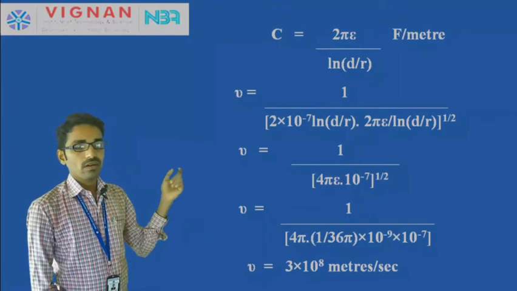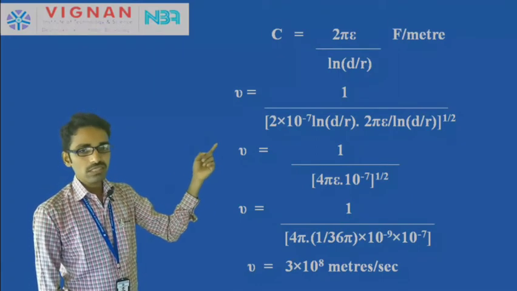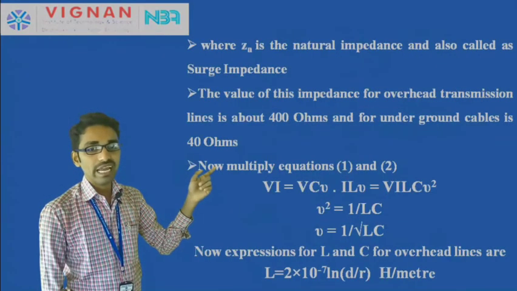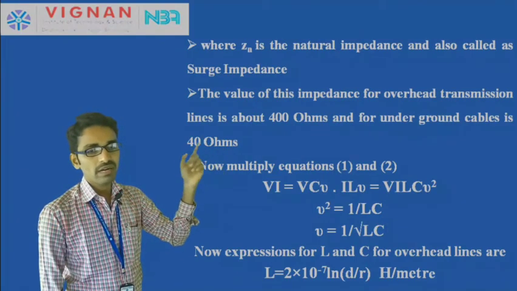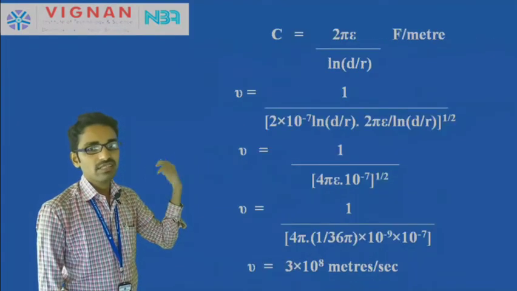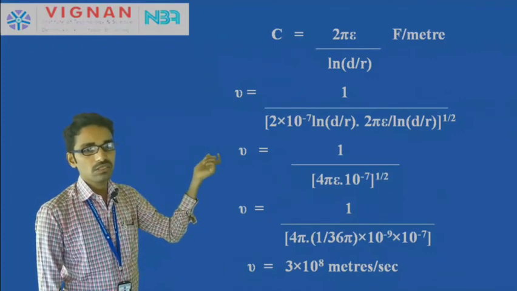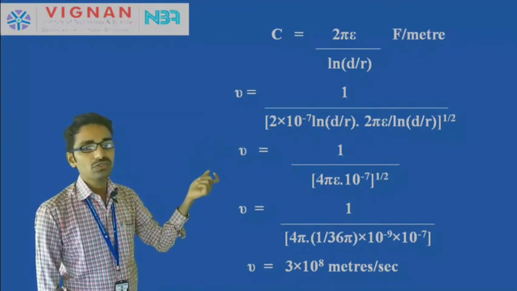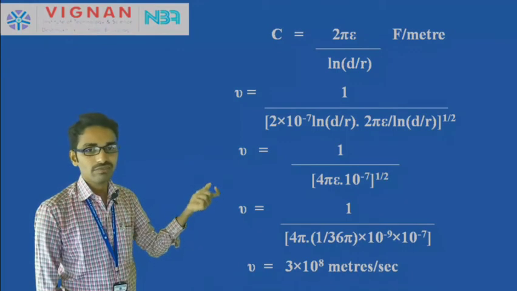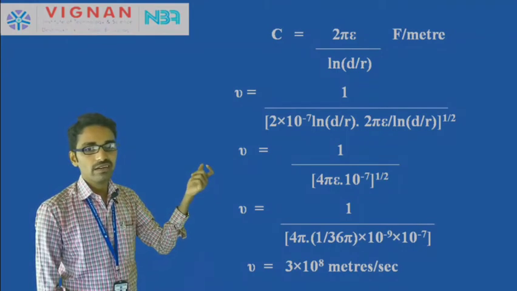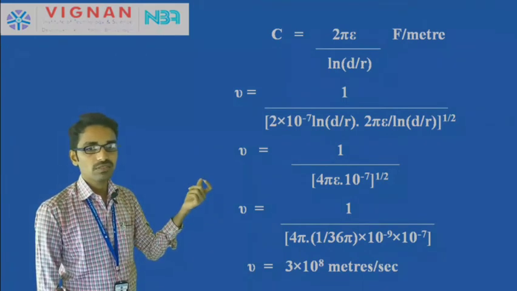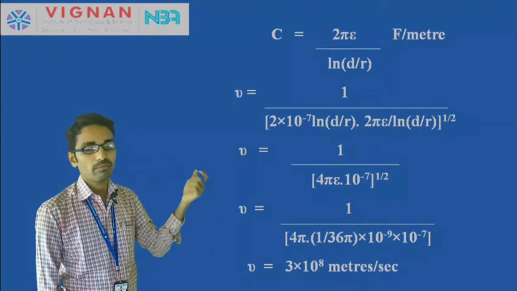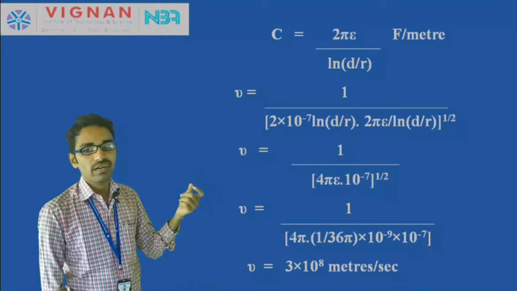Now, if I substitute these values of L and C in nu equal to 1 by the square root of L C, then nu is equal to 1 by the square root of 2 into 10 to the power of minus 7 ln d by r, multiplied by 2 pi epsilon by ln d by r.